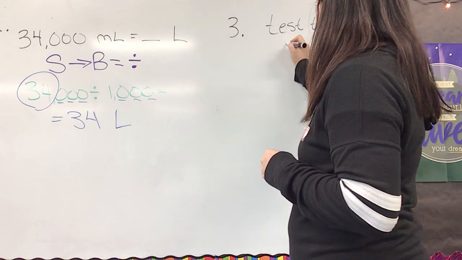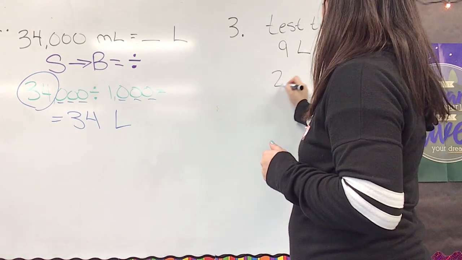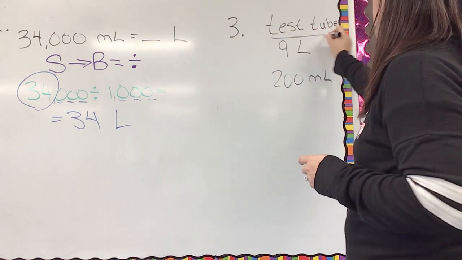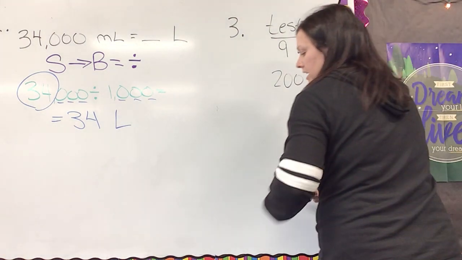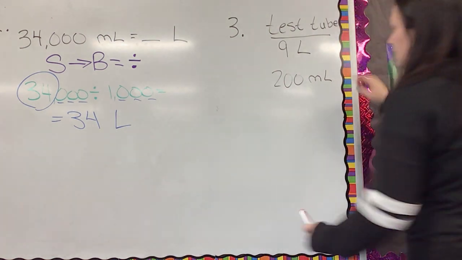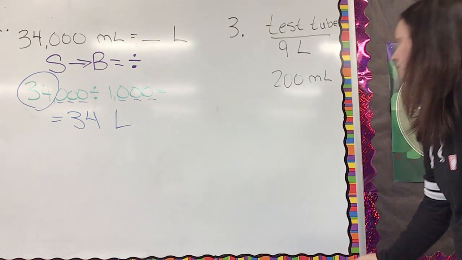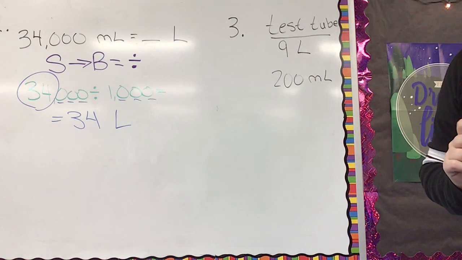Would it be 9 liters or 200 milliliters? I want you to write this down, and I want you to circle which capacity is more realistic for this container, 9 liters or 200 milliliters. Write this whole thing down, circle which number is realistic.